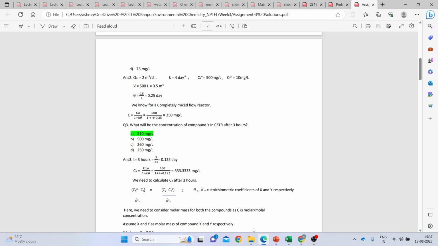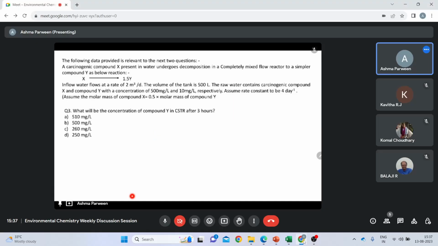So we have to find out the concentration of compound Y in the reactor after 3 hours.